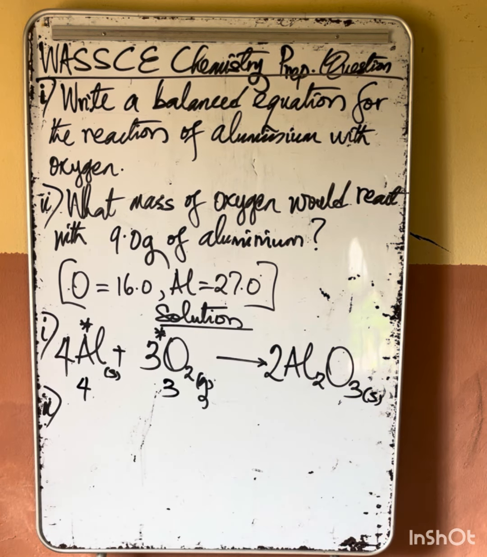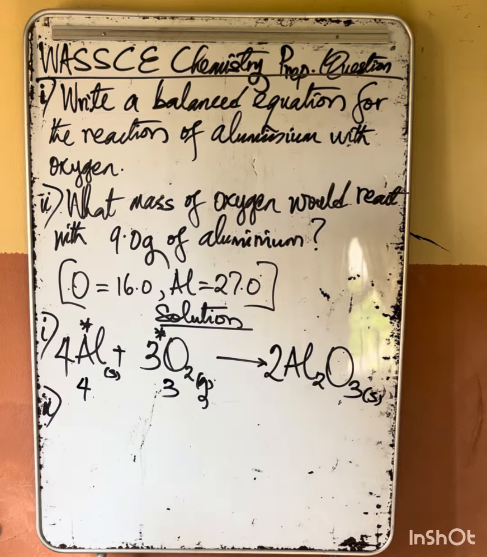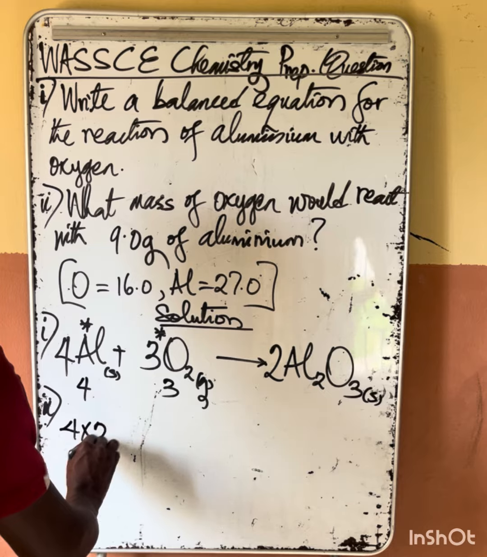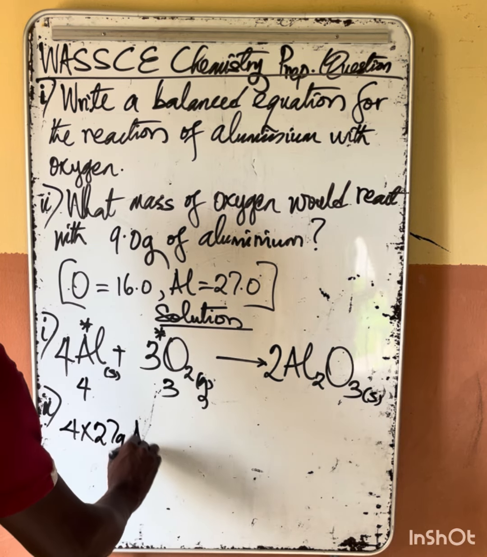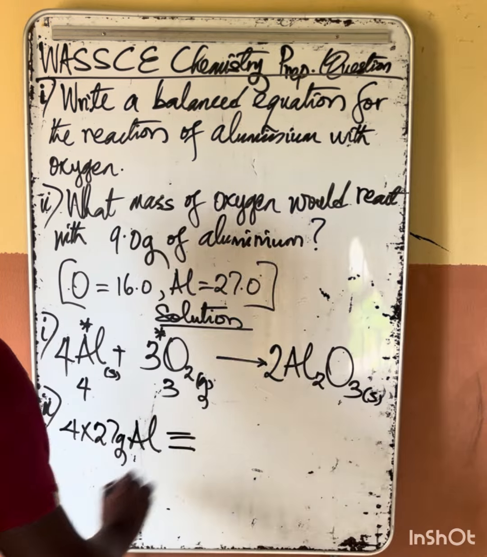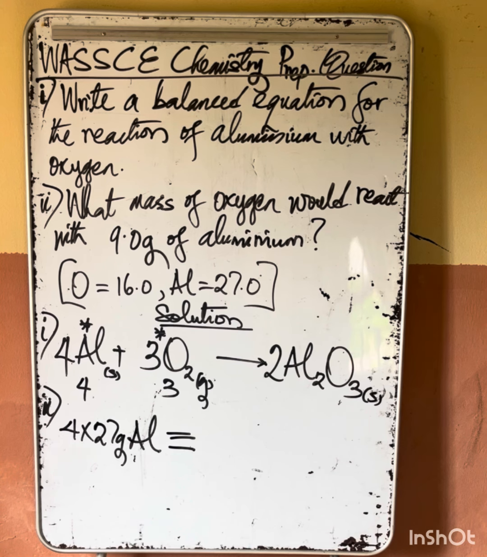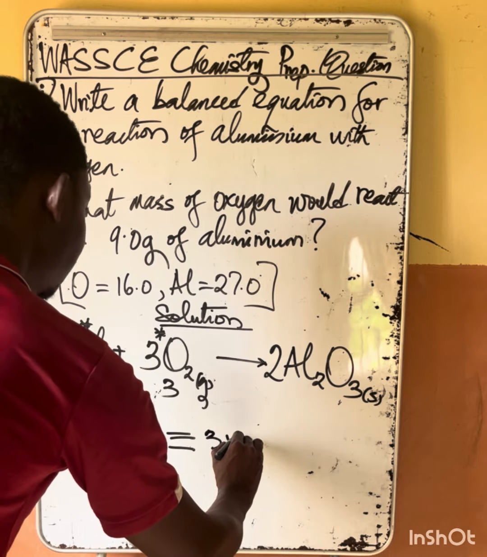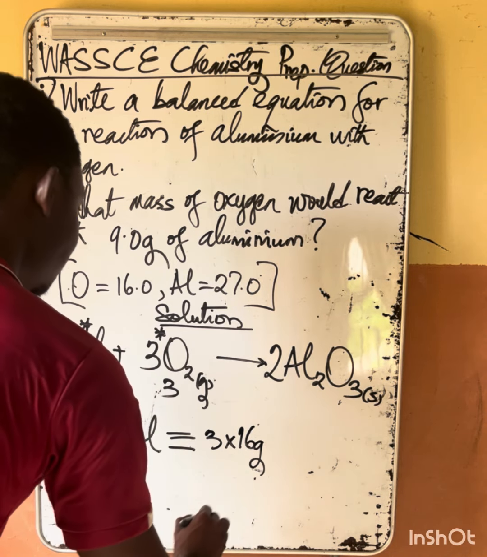Since it's 4:3, this means that 4 times the mass of aluminium, 27 grams of aluminium, reacted to give, okay, it's a mass relationship, 3 times 16 grams.